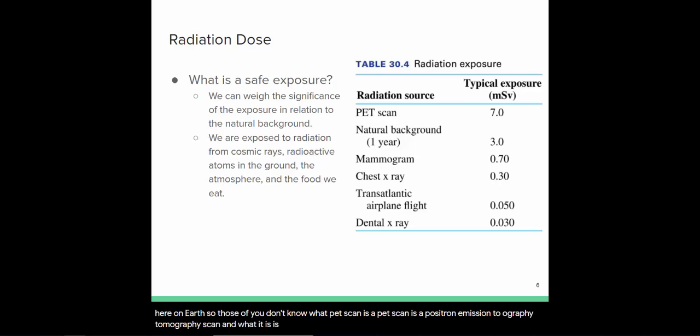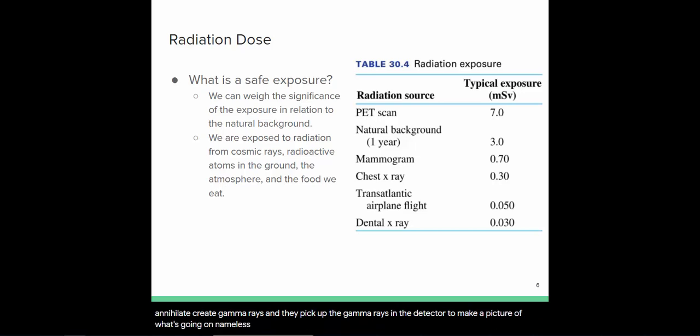Essentially they use positrons, like electrons and positrons, in your body. And when the electron and positron get together, they annihilate and create gamma rays. And they pick up the gamma rays in the detector to make a picture of what's going on.